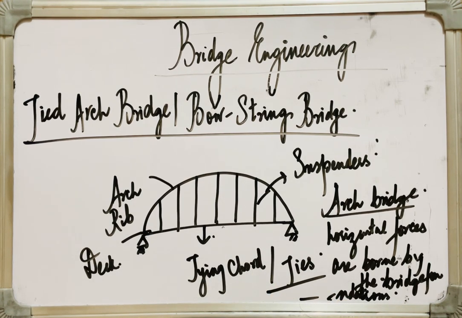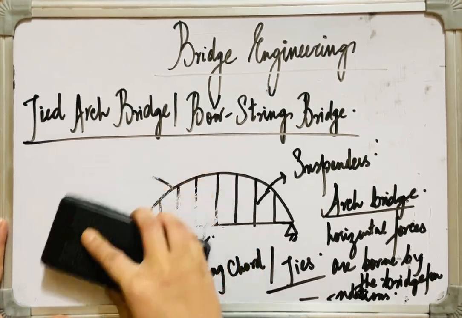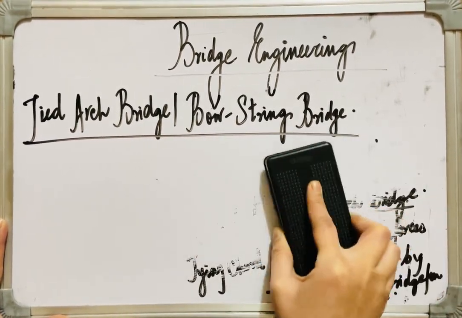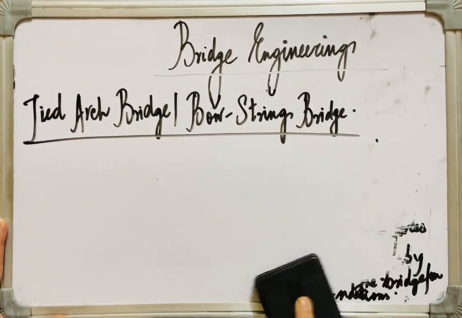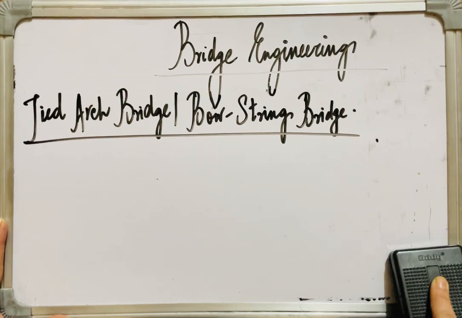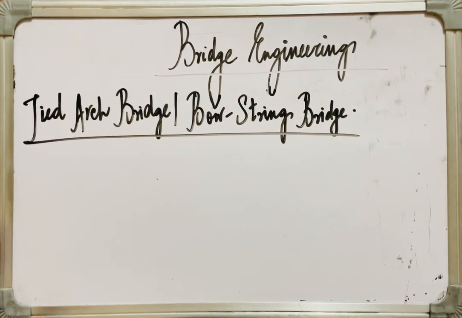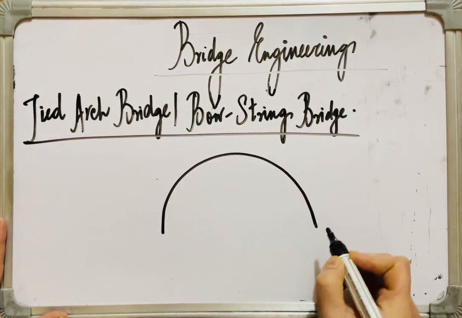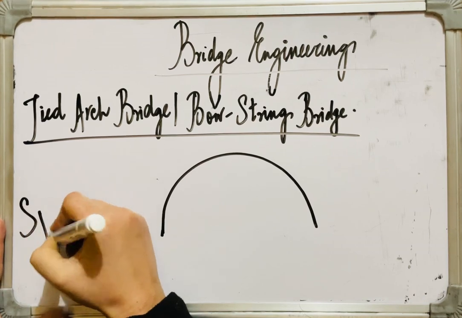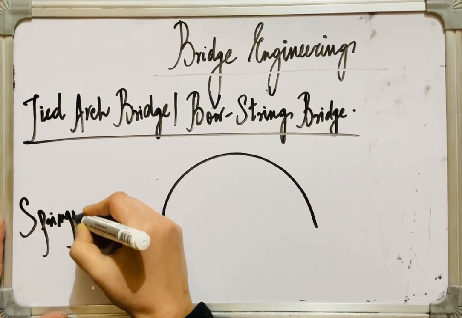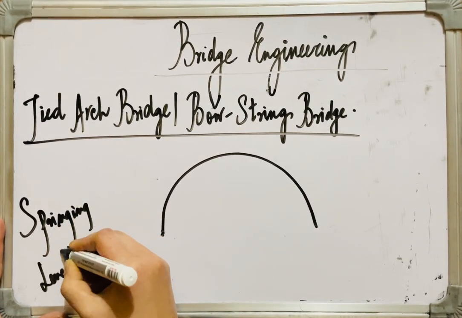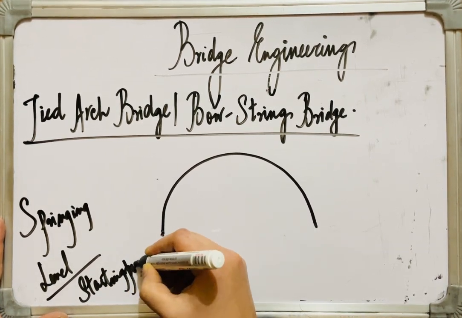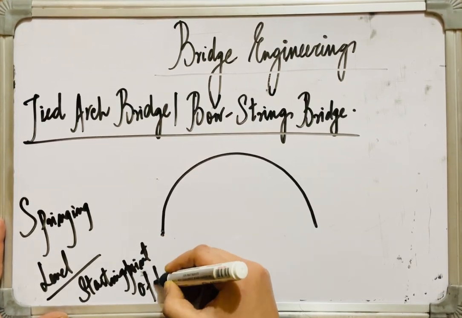That means, let me draw it first. If this is the arch, this is the springing level. Springing level means the starting point of the arch's curve.